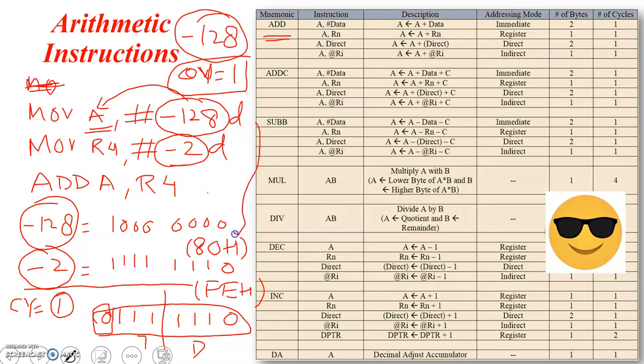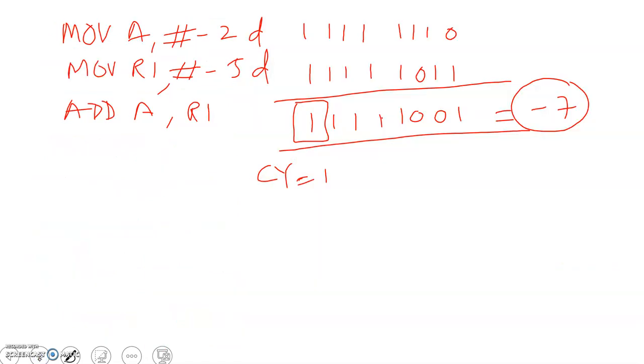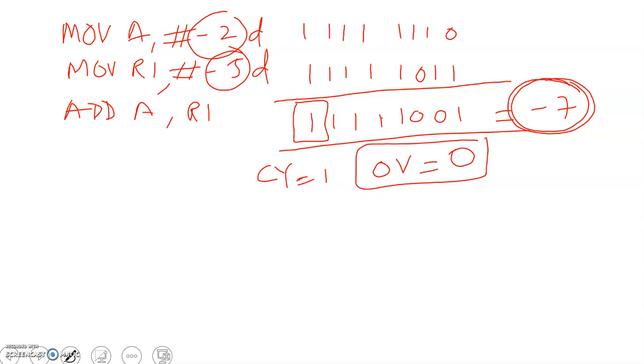I actually represented them in hex, but they are not in hex, please remember. Similarly here also these two numbers are in decimal, negative signed numbers. So finally this will come out to be -7, and this is correct. If we add -2 and -5, it will come out to be -7, and here the overflow flag will be 0, indicating that the operation is correct, no problem with the operation.